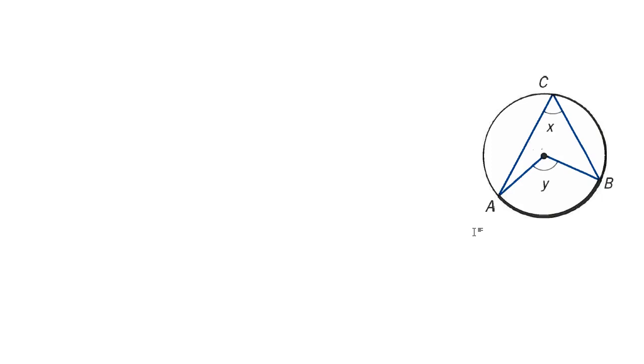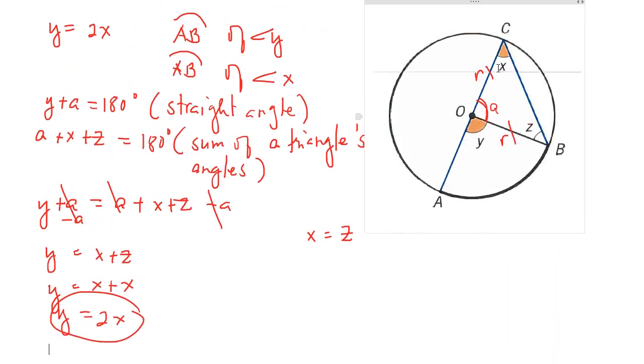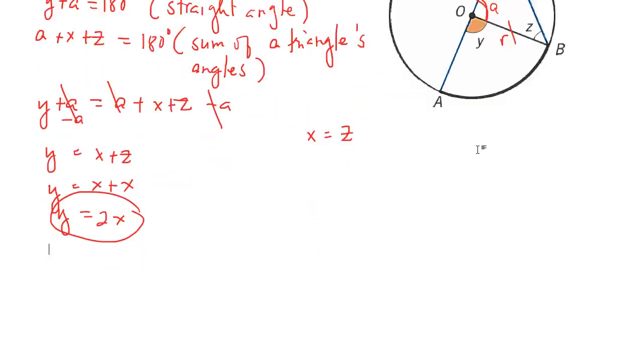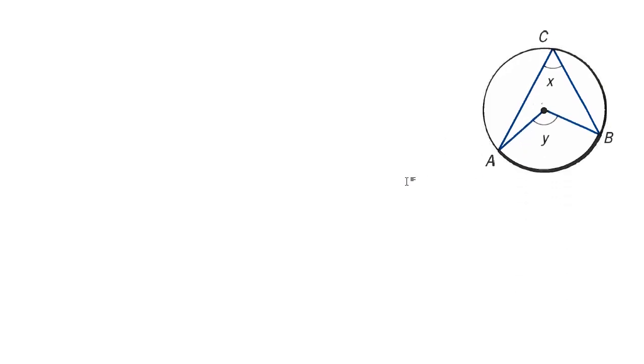But there are sometimes, as you can see here, cases where the line goes through the center, so it is a diameter. How about if it's not a diameter, as you can see here? What we can see here now, we still have y is equal to 2x. Why?